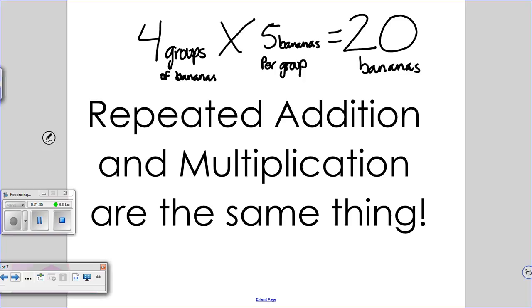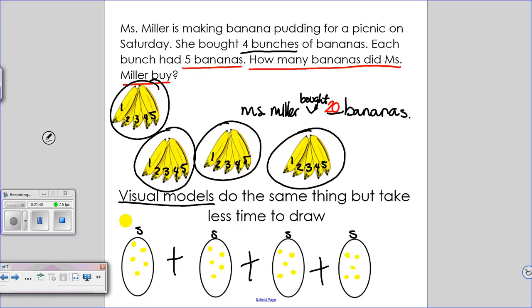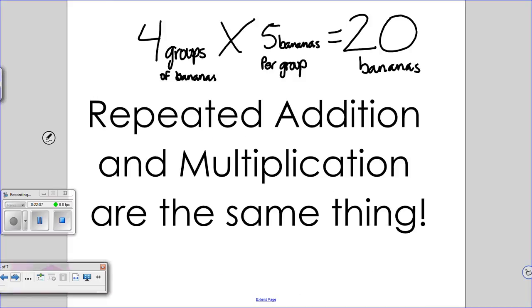So again, to see it a little better: I have 4 groups, group 1, group 2, group 3, group 4, 4 groups of bananas. I'm multiplying by 5 in each group. 1, 2, 3, 4, 5. 5 in each group. And I'm ending up with 20 bananas. There's your multiplication sentence. Make sure you add that somewhere near your model.